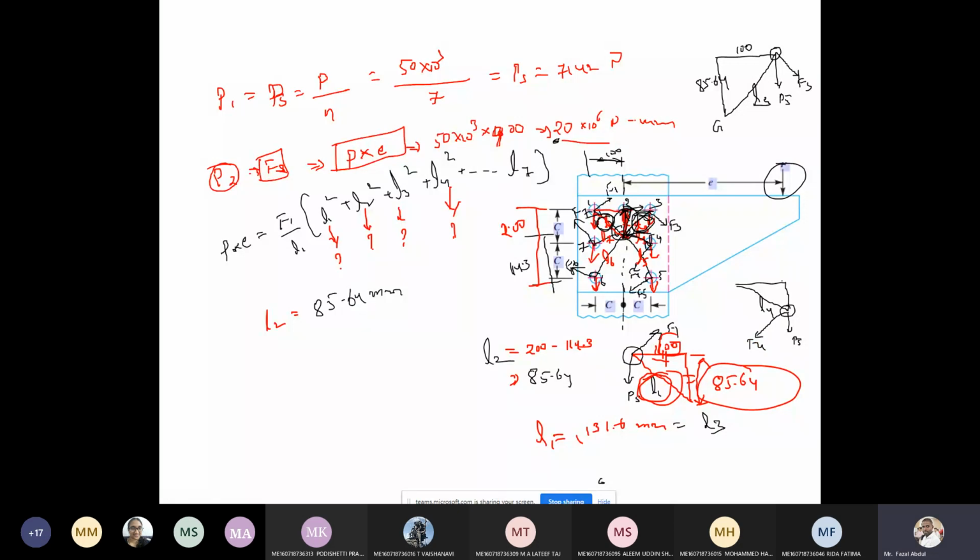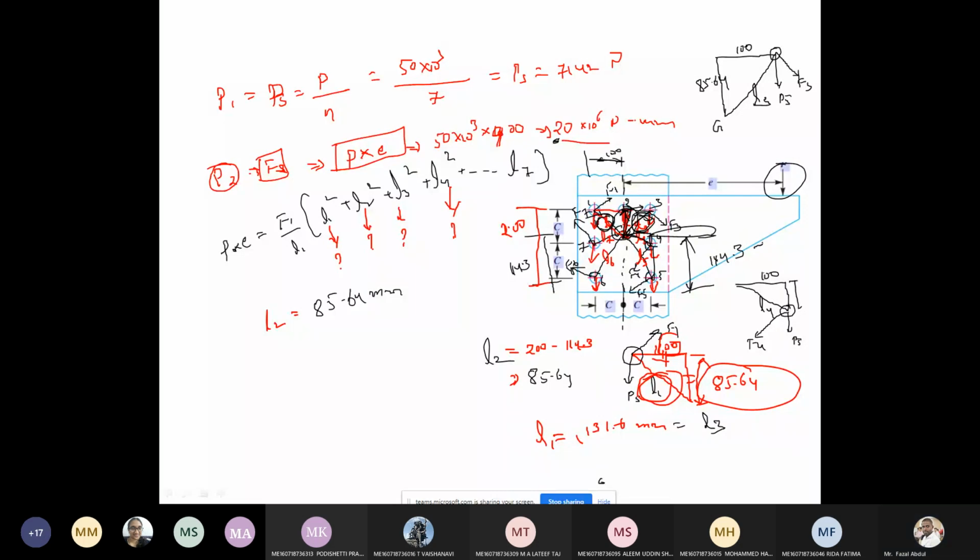This is L4, and this is given in the question as 100. This one, how much height? From the total height of 114.3, here to here is 100.